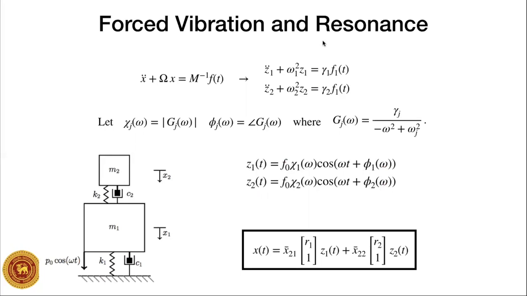And therefore, since the general solution is a linear combination of these, this two degrees of freedom system of two masses will be behaving as a linear combination of this and that. In other words, both will be oscillating at the same frequency omega, but as some linear combination of this.